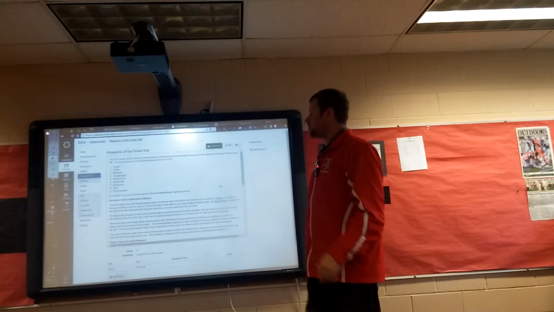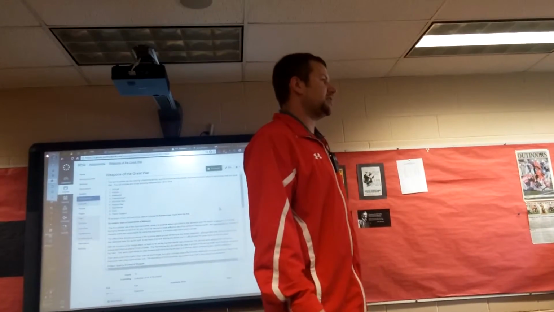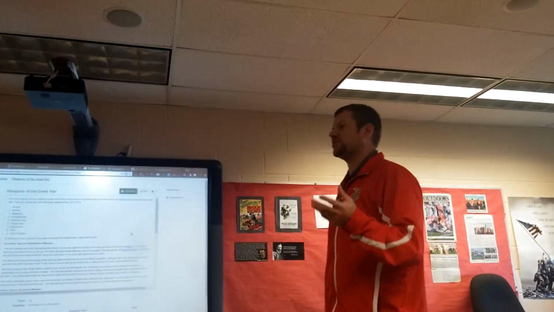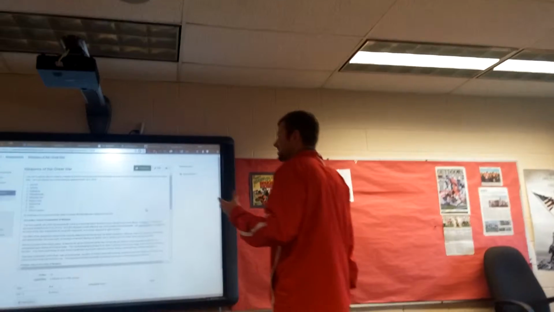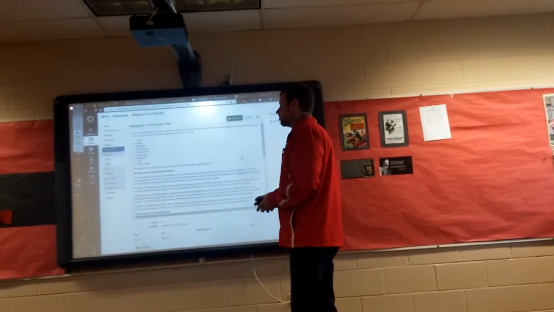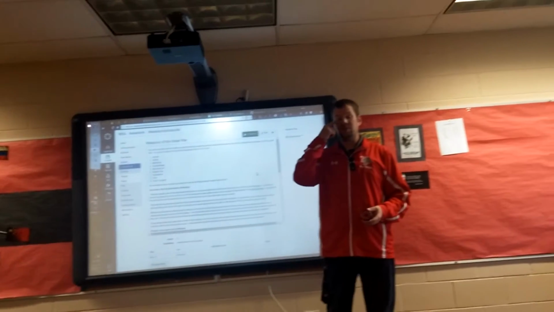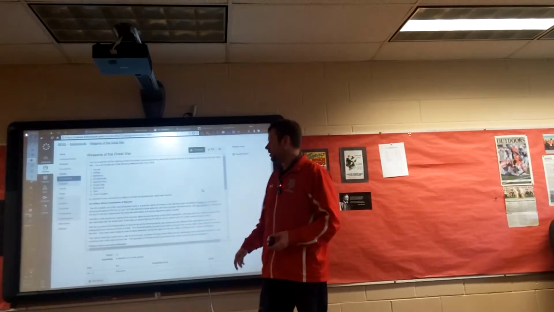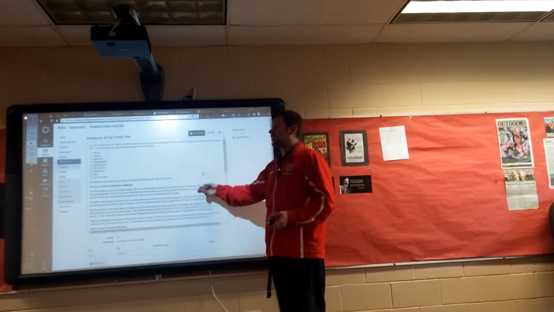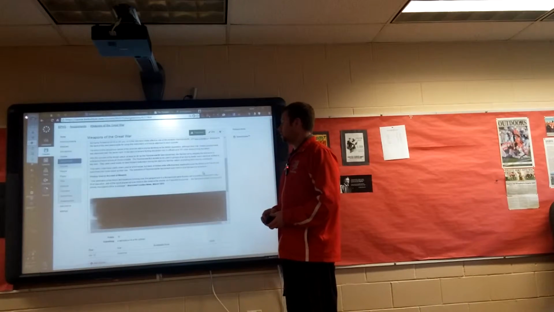Okay, these are both optional. You get to pick a weapon from this list. And then you're going to find a primary source account of some person in World War I who faced it. So the example I gave is the flamethrower, which the Germans used a lot in World War I. And there's an explanation of what the flamethrower is and how it works.